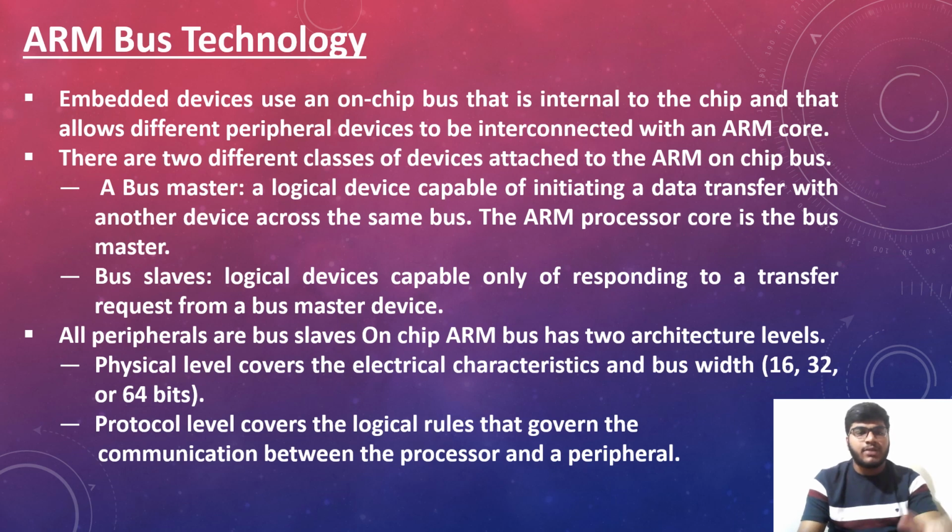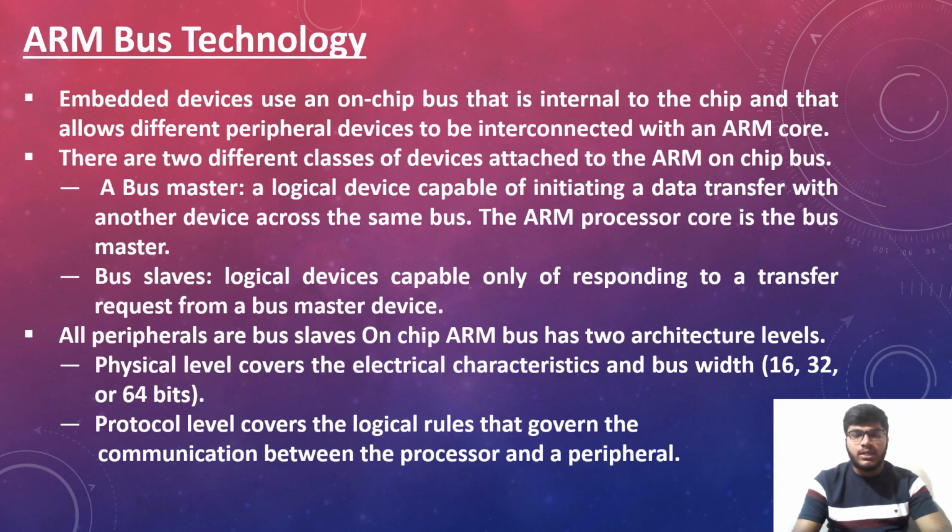First, the ARM bus technology. Embedded devices use an on-chip bus that is internal to the chip and that allows different peripheral devices to interconnect with the ARM core. The different peripheral devices are connected by the ARM bus technology. There are two different classes of the device attached to the ARM bus, that is a bus master and the bus slave. The requests given by the bus master are obeyed by the bus slaves.